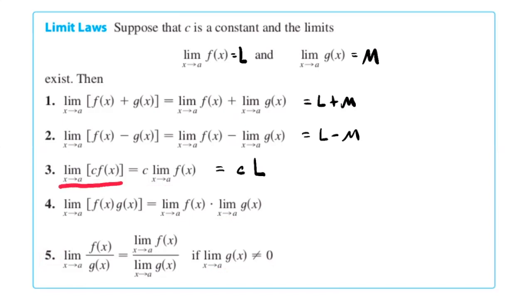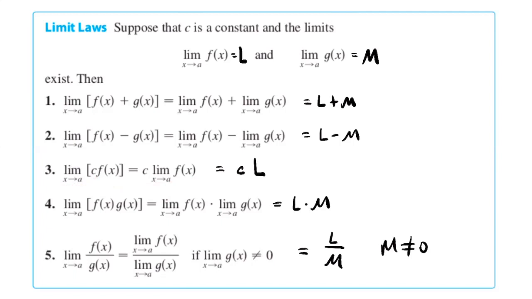Here c is on this side of the limit, and you can pull it through. It's a way to remember that formula. Product: L times M, or you can just write LM. And lastly, this last one says that this ratio would be L over M, provided that M isn't 0.